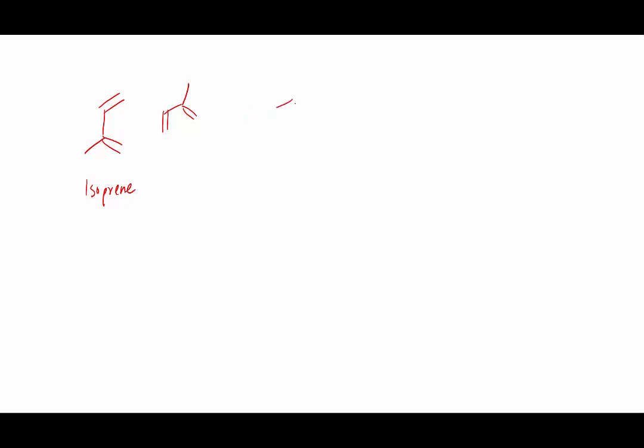And when you do the Diels-Alder on it, you're going to get that molecule, which is called limonene. Limonene is what you can get if you were to steam distill lemon or lime peels. You would get limonene.